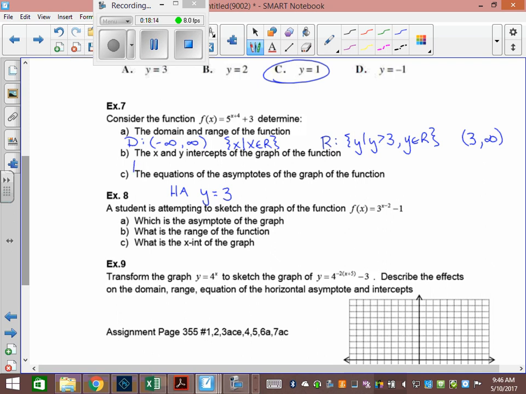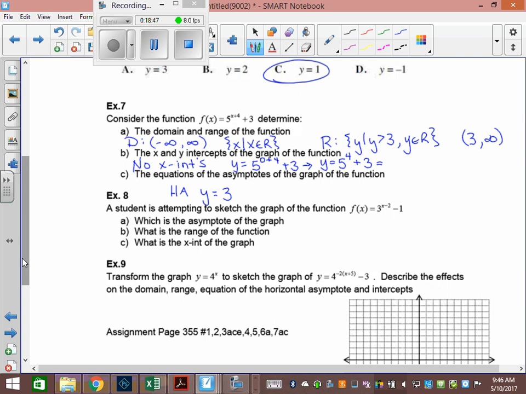Okay, no x-intercepts. Because it's completely above 3, y is greater than 3, sorry, not equal to 3. X-intercept, there's none. Y-intercept, I fill in 0 for x, so I get y equals 5 to the 4, plus 3.